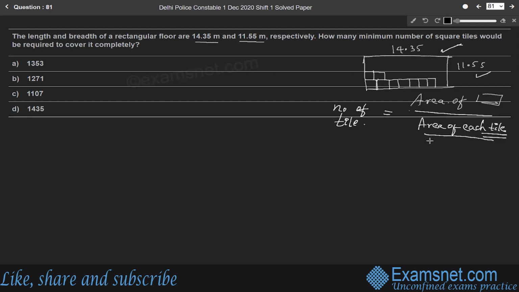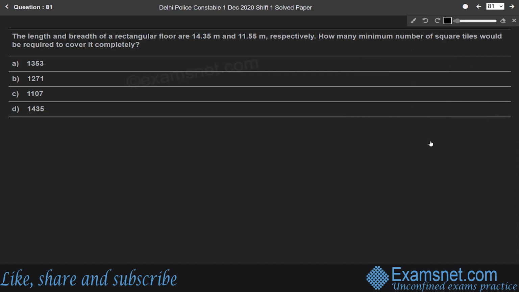This common factor gives the measure of the side of each tile. If one side is known, we can easily calculate the area of each tile. And the area of the rectangular floor divided by the area of each tile gives the number of tiles required. Right? So let us go step by step here.